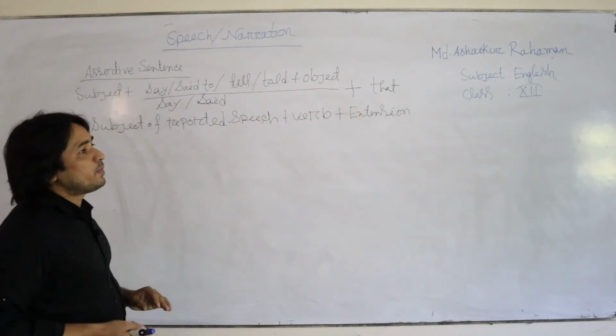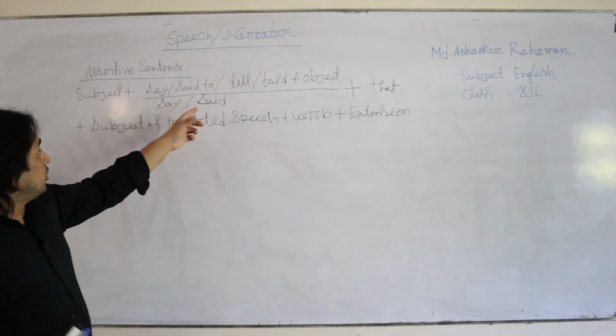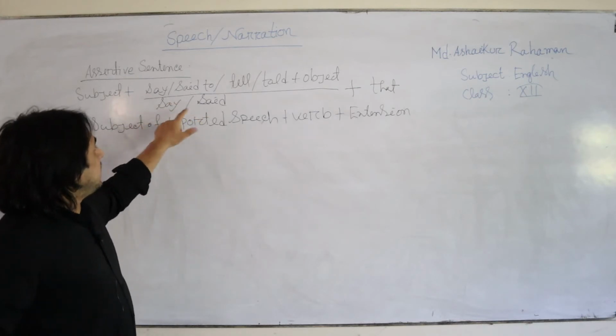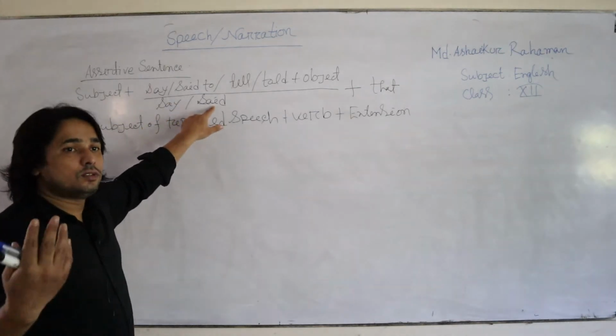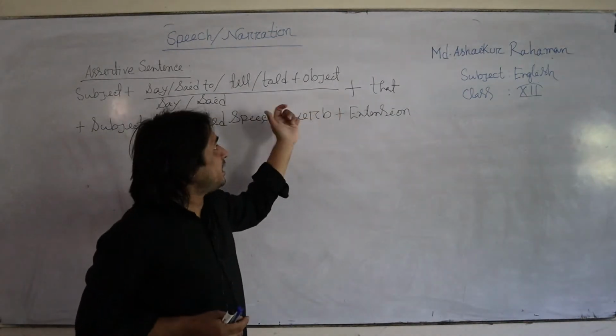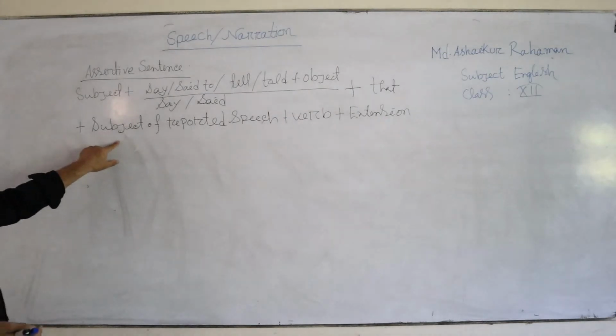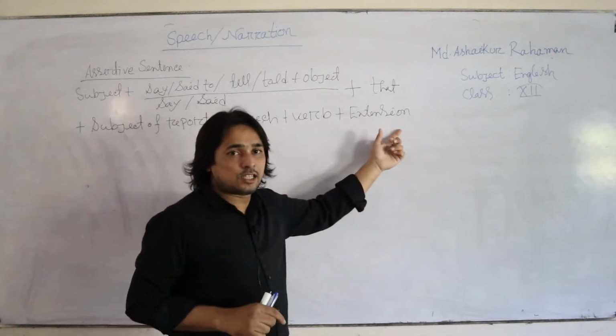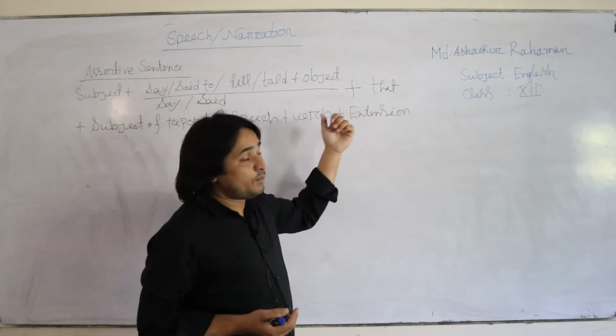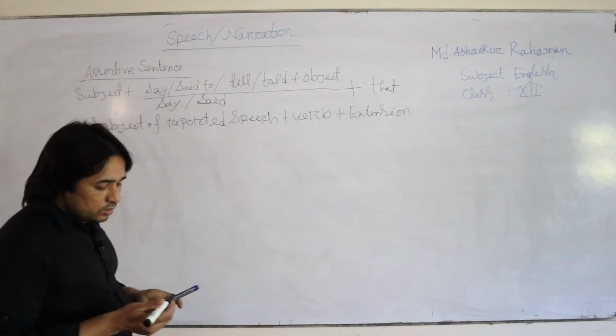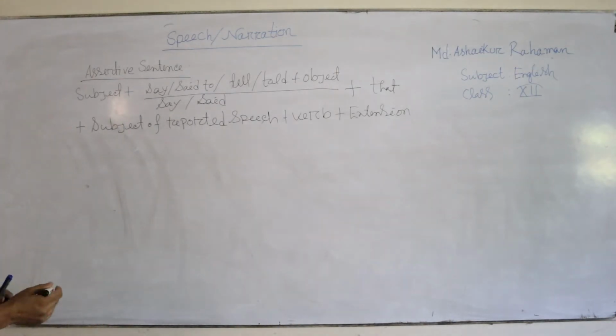If we don't have any object in reporting speech, only say or said according to the rule is necessary, and then that. After that, subject of reported speech plus verb and extension, I mean the rest part of the reported speech. Now we will see some examples.